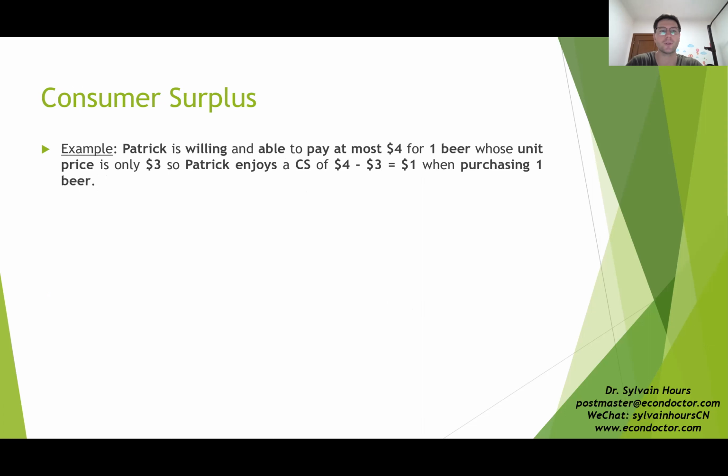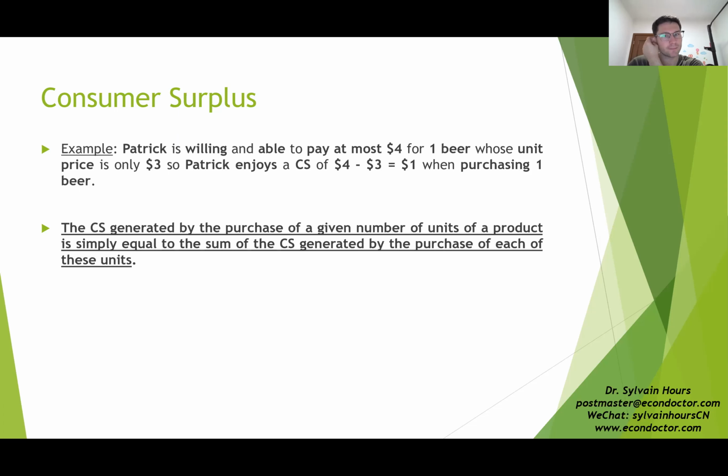So for example, if you take one consumer, Patrick, his maximum willingness to pay is $4 for one beer. The price is $3. So the consumer surplus on that unit is $1. Easy.